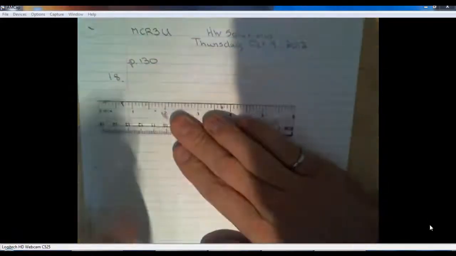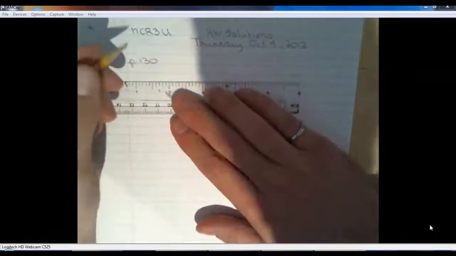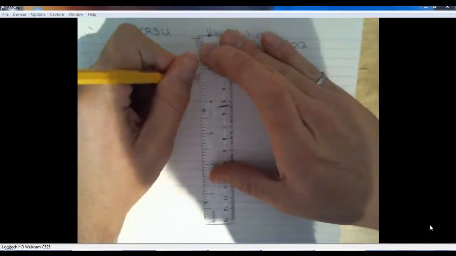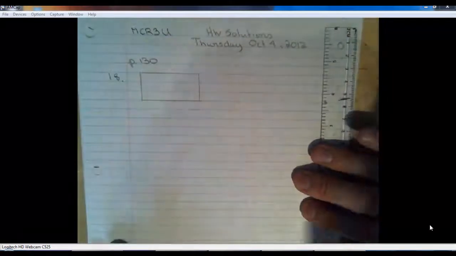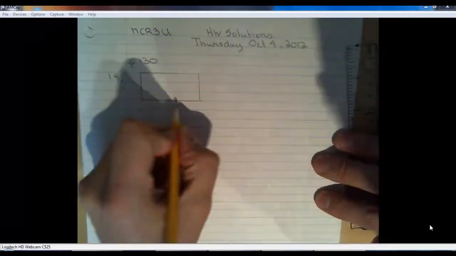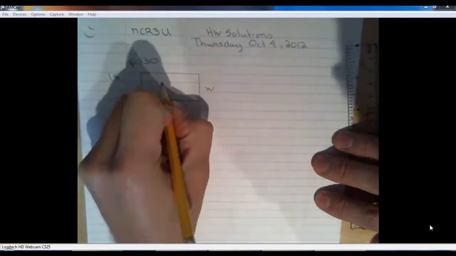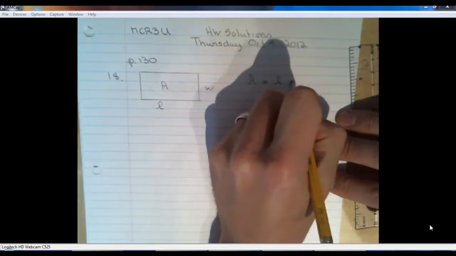So draw yourself a rectangle and label the key dimensions. So we've got length, width, and then in here there's a given area to this rectangle. You should know by heart by now that the area of a rectangle is length times width.